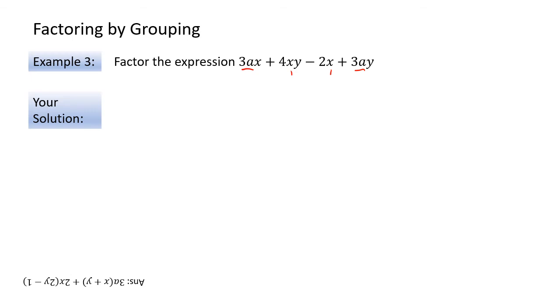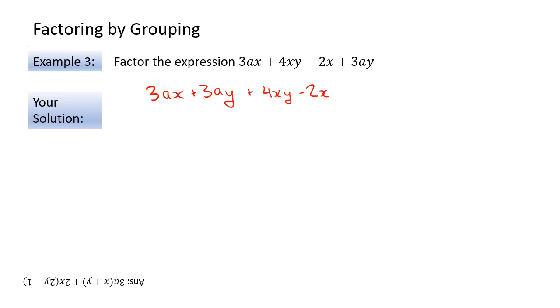I'm going to rewrite this. Again, you can move all these around as long as you carry the sign of the term with it. So if I rearrange it, I have 3ax plus 3ay, and then plus 4xy minus 2x. All I did was rearrange.